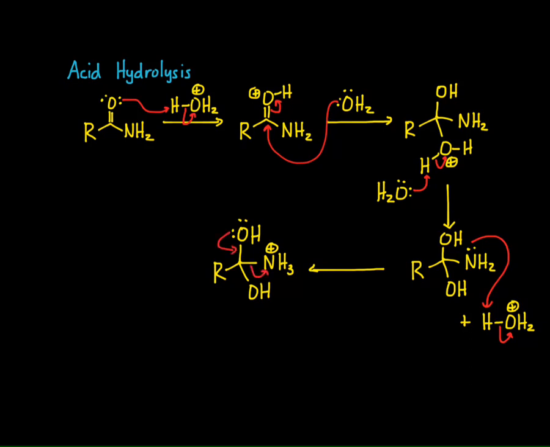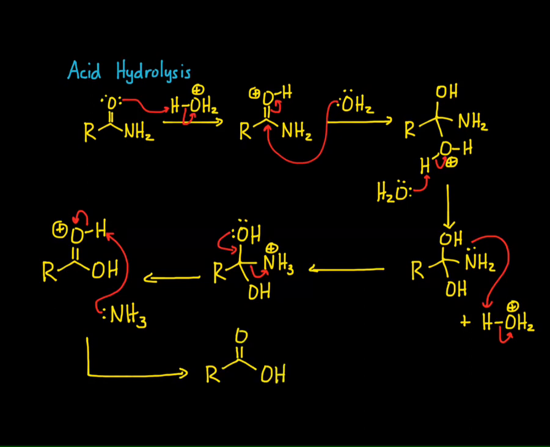And so we can kick off ammonia right away, stabilizing the intermediate with a pair of electrons from the oxygen, and we now regenerate our carbonyl that's protonated, and we have ammonia. So ammonia is a base, and so it can then remove that proton, and we form our carboxylic acid plus the ammonium salt.